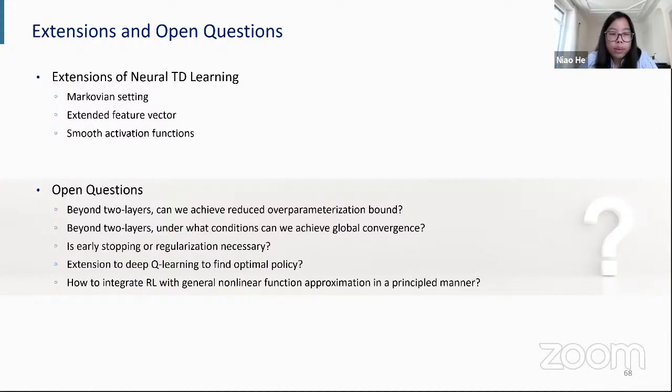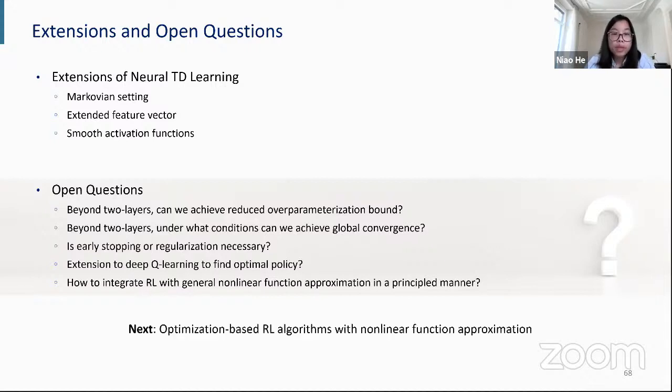Then what are the principled ways we can design RL algorithms to integrate with nonlinear function approximation that guarantee convergence, other than using these Q learning or value-based methods? So what I will discuss next is a family of optimization-based RL algorithms that can be easily integrated with nonlinear function approximation, and you can easily get some convergence guarantees. Okay.